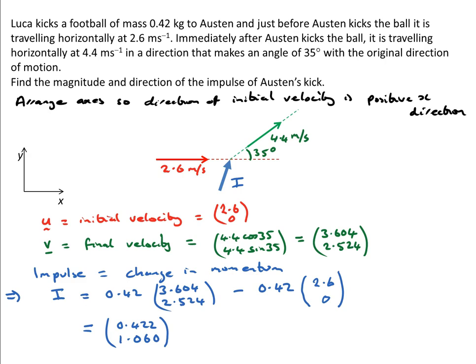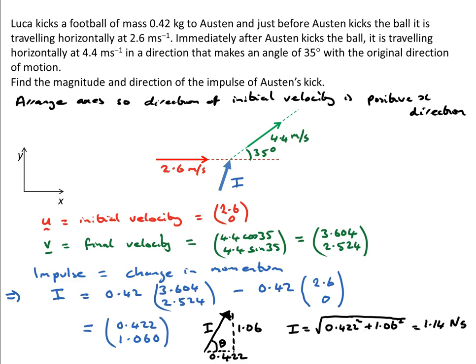So we can draw a quick little diagram to picture this impulse. The x component of the impulse is 0.422, and the y component is 1.06. So using Pythagoras, we can obtain the magnitude of the impulse. The magnitude of the impulse is the square root of 0.422 squared plus 1.06 squared, which gives me 1.14 Newton seconds.